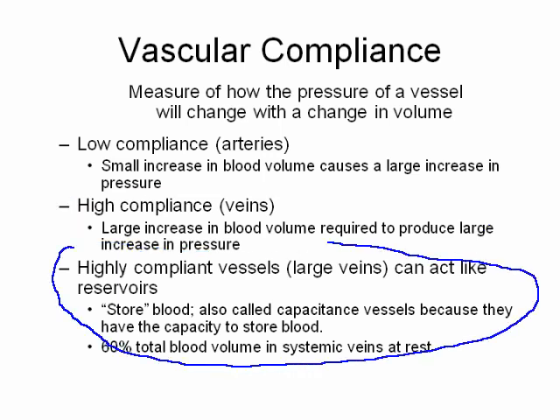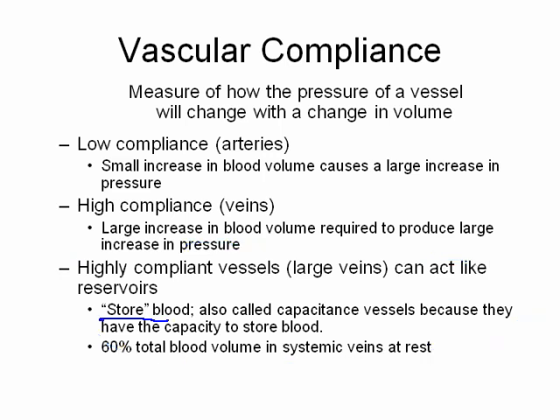Highly compliant vessels, such as large veins, can act like reservoirs of blood. They actually store the blood. For this reason, we call them capacitance vessels, because they have the ability to store a capacity of blood. About 60% of the blood volume is, at any moment in time, in the systemic veins, or at least during rest, that is the case.